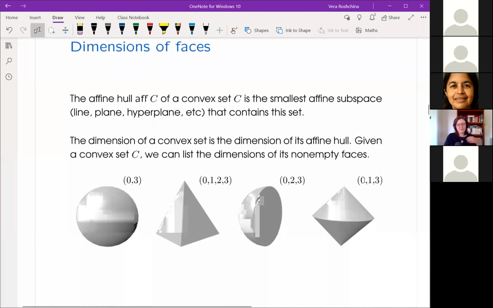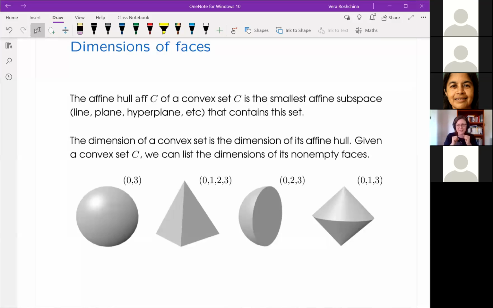So now we can define the dimension of any face as the dimension of that convex set that is that face. For example, if I take the Euclidean ball, this is somehow complicated for people who don't work in convex analysis, because we always think about convex sets, and it's difficult to get confused with surfaces and some other interpretations.